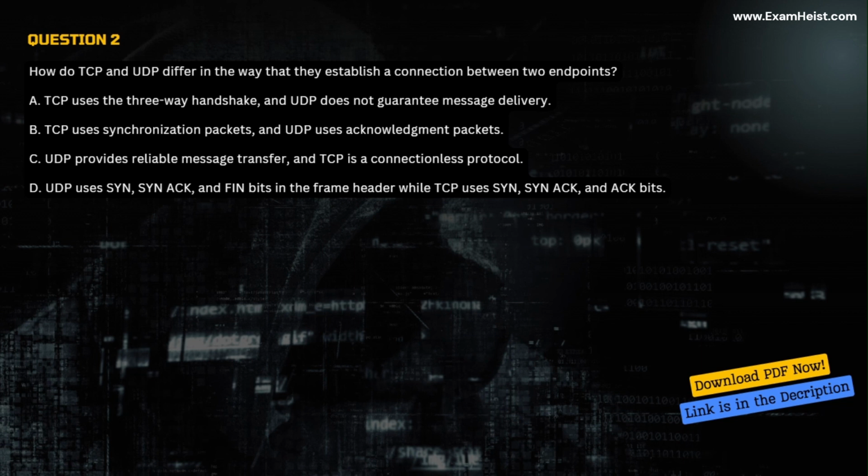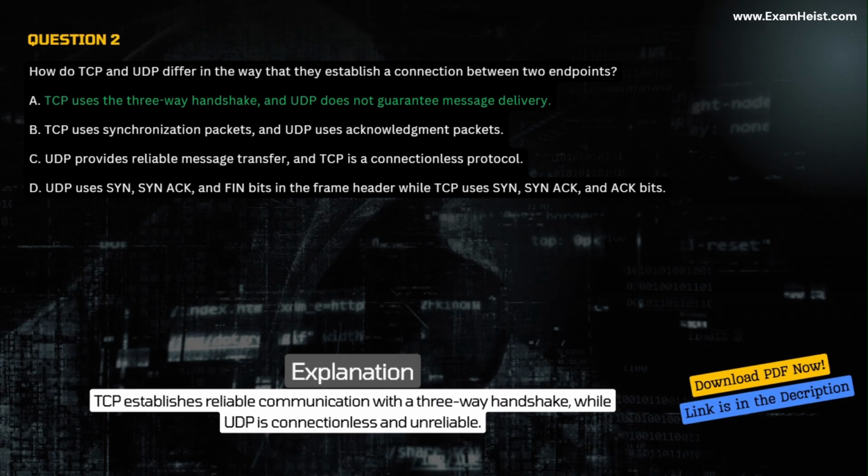D. UDP uses SYN, SYN-ACK, and FIN bits in the frame header while TCP uses SYN, SYN-ACK, and ACK bits. Correct answer A. TCP uses the three-way handshake, and UDP does not guarantee message delivery. Explanation: TCP establishes reliable communication with a three-way handshake, while UDP is connectionless and unreliable.